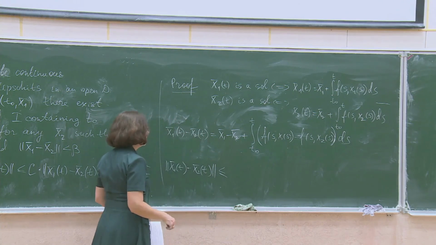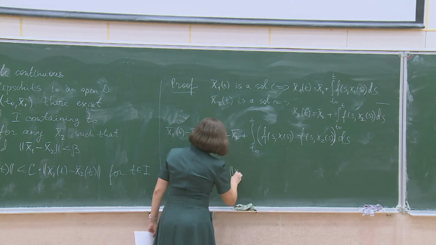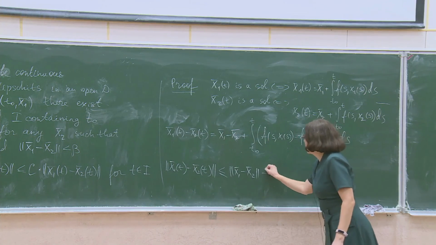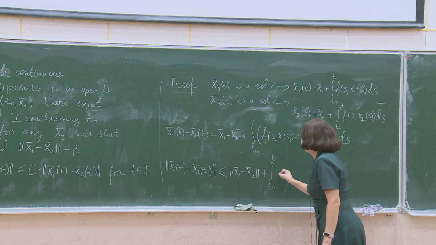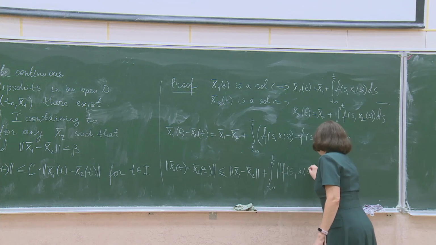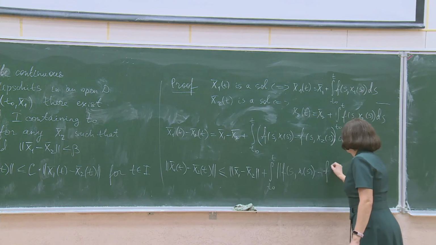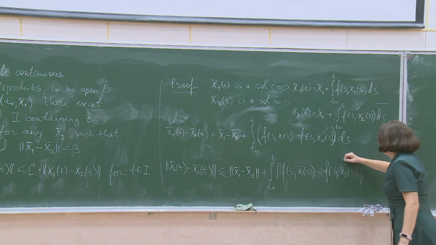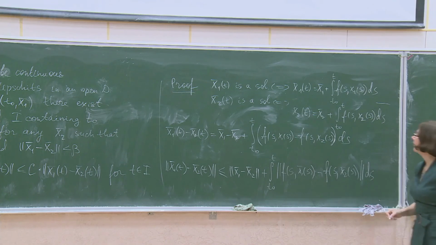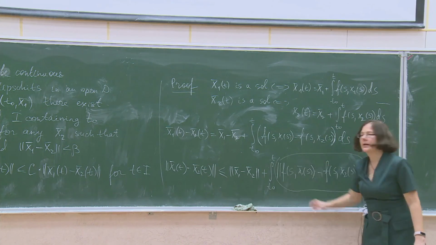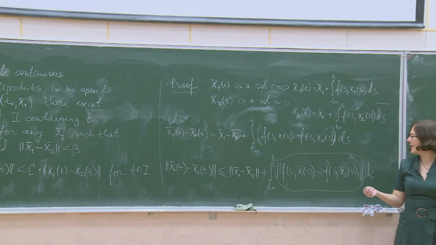Next, let's consider the norm. It is less than or equal to, by the triangle inequality, the norm of x1 minus x2 plus the integral from t0 to t, also by the triangle inequality, of the norm ds. Then we can apply the Lipschitz condition to the function. The function satisfies the Lipschitz condition.